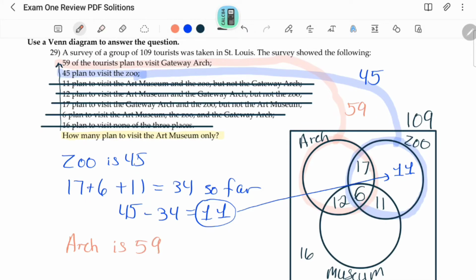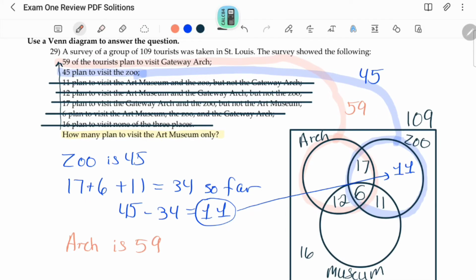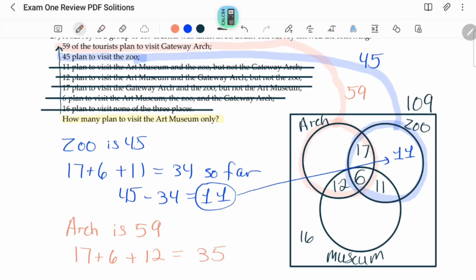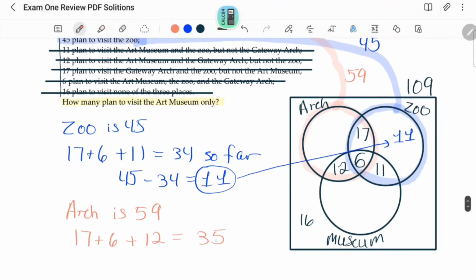So far we have 17, 6, and 12 inside. So let's add our 17 with our 6 and with our 12. 23 plus 12 is 35. And subtract that 35 from 59. 59 minus 35 equals 24.